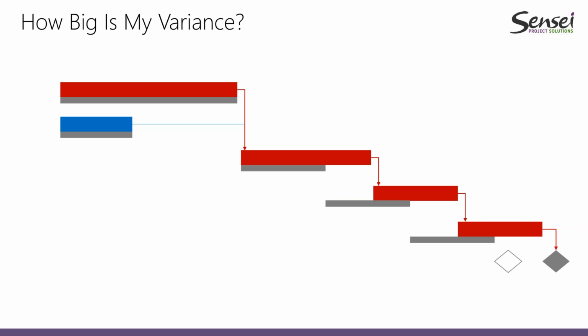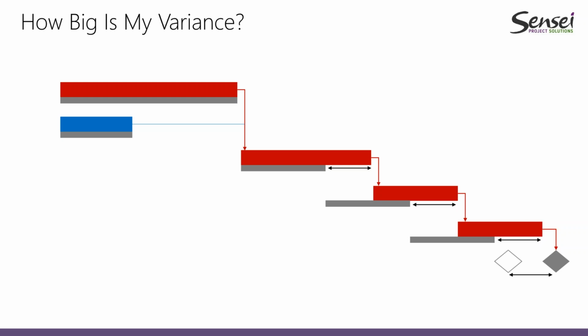We can see the planned dates as well as the current dates. This generates the variances, in which Project compares what is happening with the schedule right now and what has been planned.